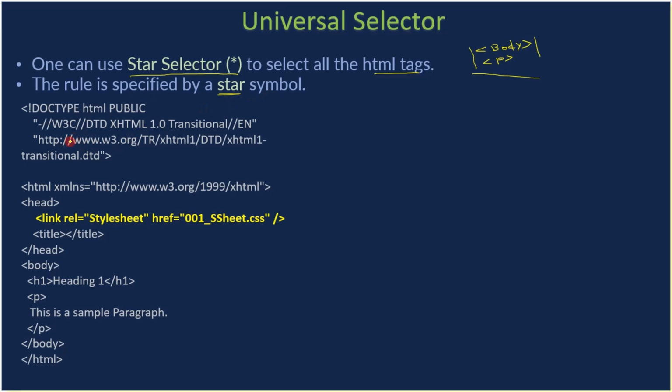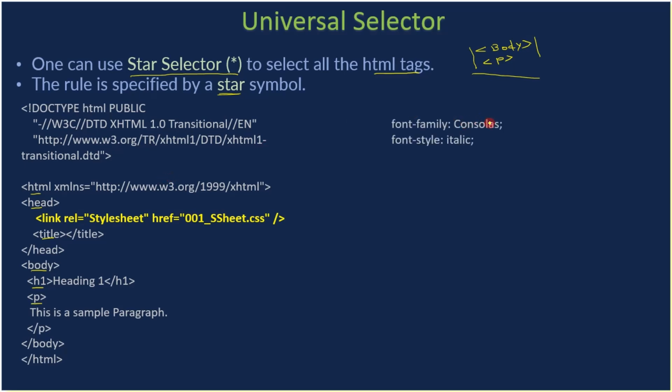So let us look at here. If you see, the tags are HTML is one tag, head, that's called one tag, title is one tag, body, h1, p, all these stuffs are tags. So using the star tag, you can select all the tag.